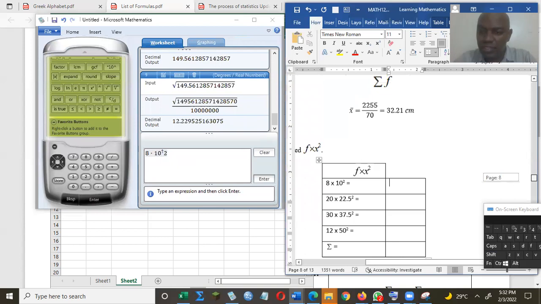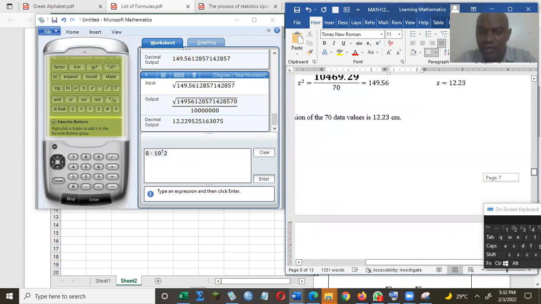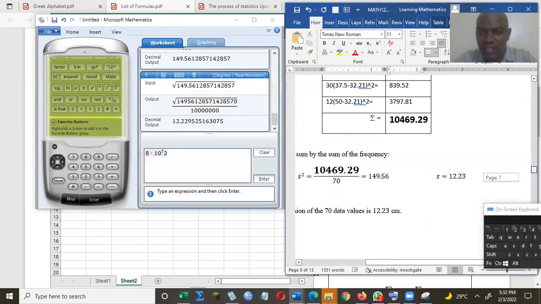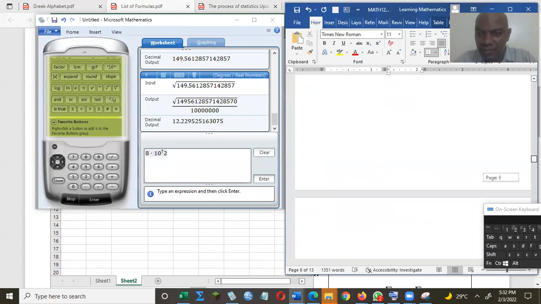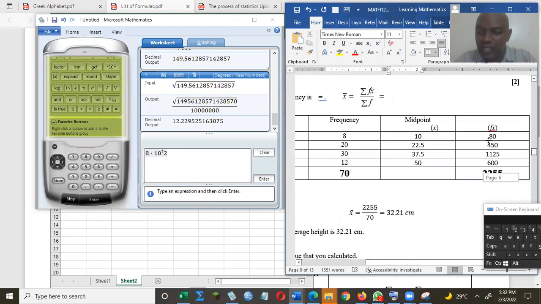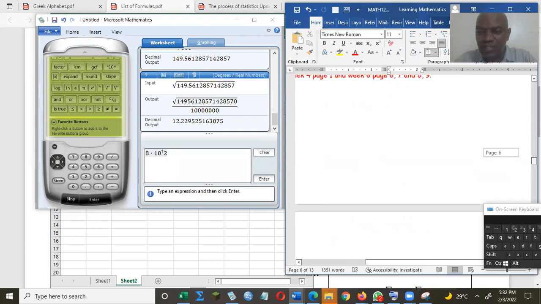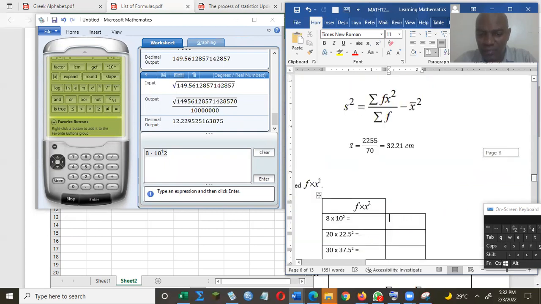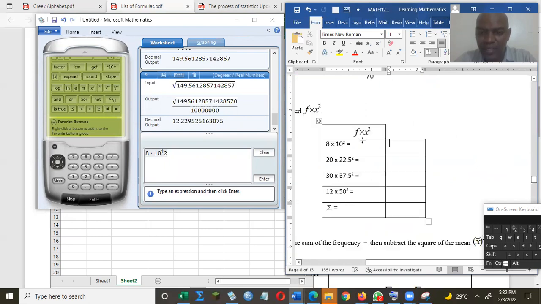Very commonly every semester, if you want to apply this formula, where we have the fx's, they would go back to the mean and square the fx's, square the 80, square the 450, square the 1125, square the 600, because of the misinterpretation of fx squared. Fx squared means it's only the x that's being squared. If the f was to be squared too, then there would have been a bracket, fx all squared. But it's not fx all squared, it's fx squared.